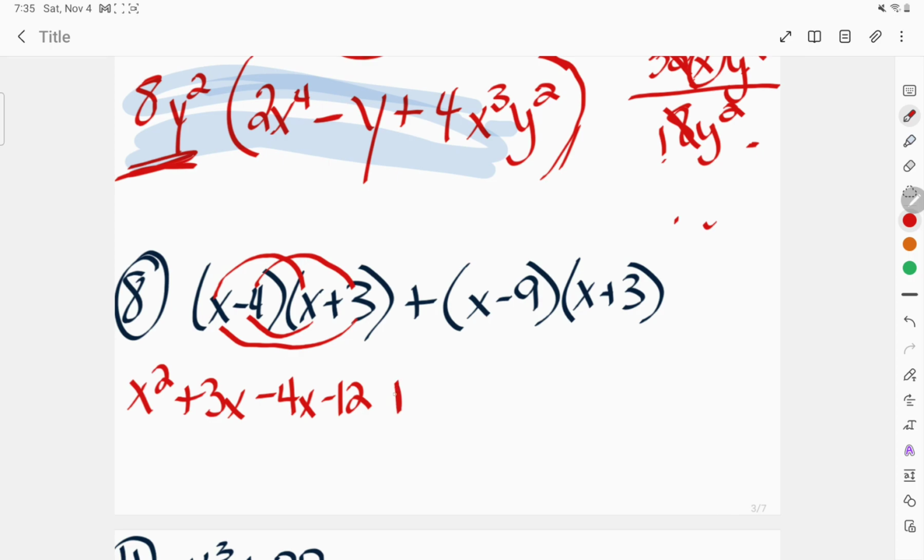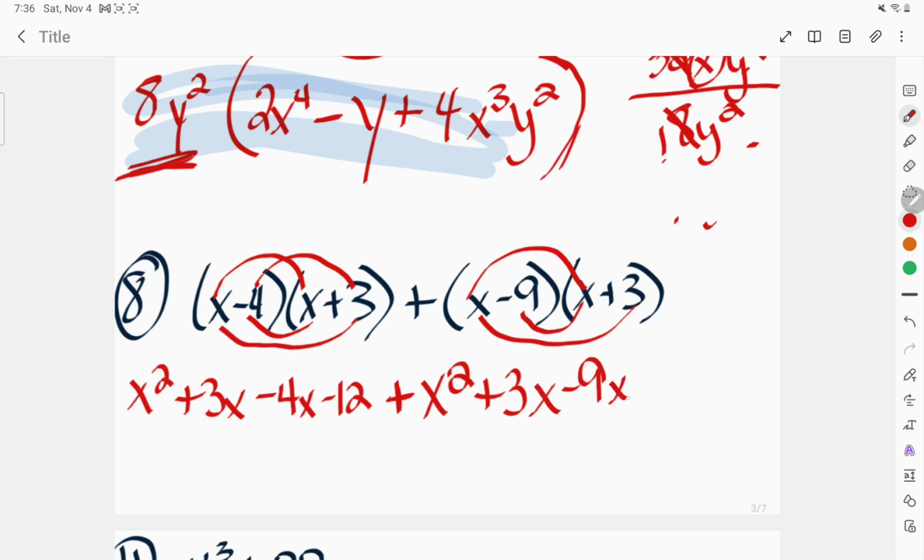I'm going to bring down this addition sign. And I'm going to do the same thing over here with this other one. X squared times plus 3x minus 9x minus 27. And then from here, I'm going to add like terms. So I've got positive x squared, positive x squared.